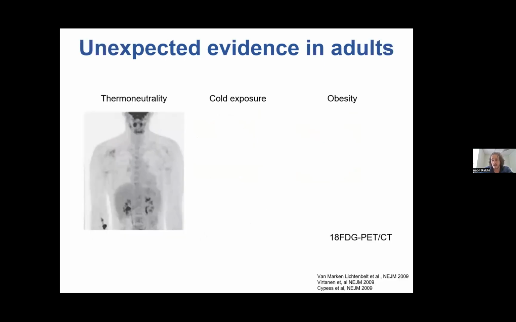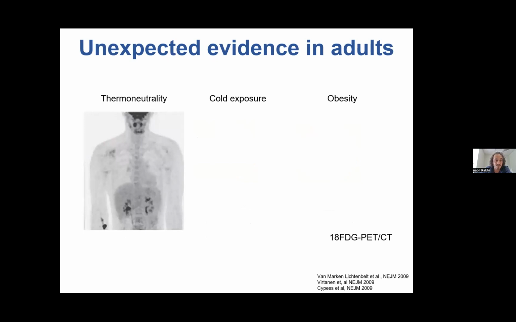So as I said, brown fat was believed for a long time to have disappeared in adults. However, recent works from different groups using PET-CT scans, so this is basically an imaging approach that can allow detecting metabolically active regions that are able to take up glucose, have shown that, for example, here we can see one PET-CT scan in thermal neutrality.